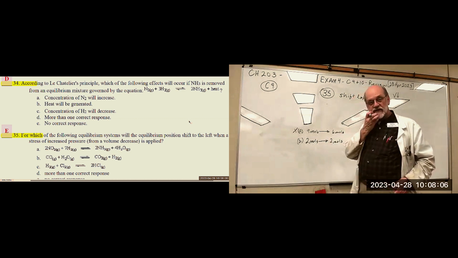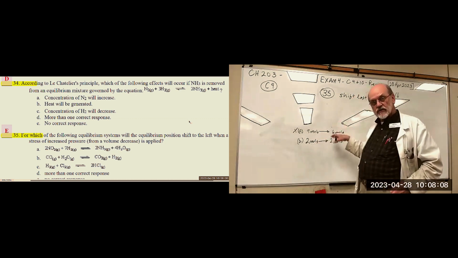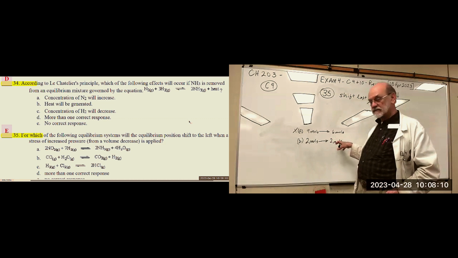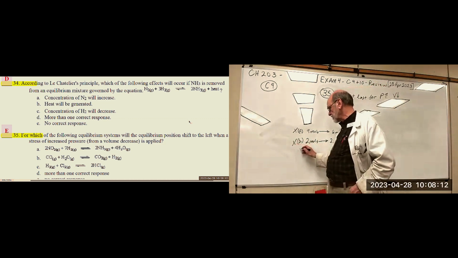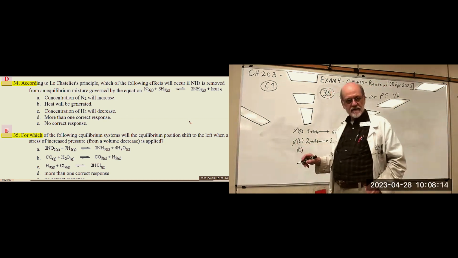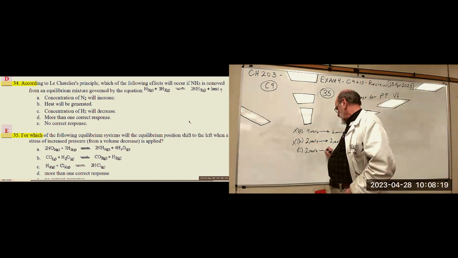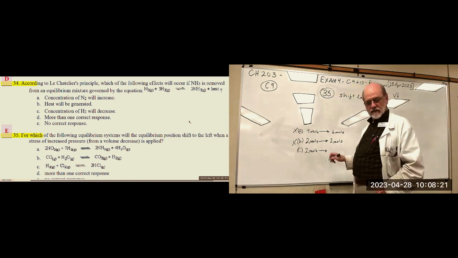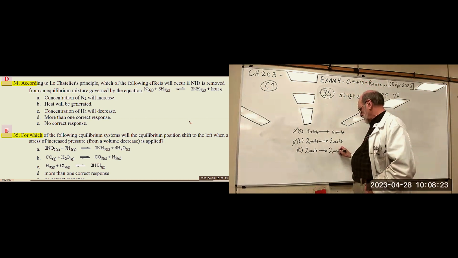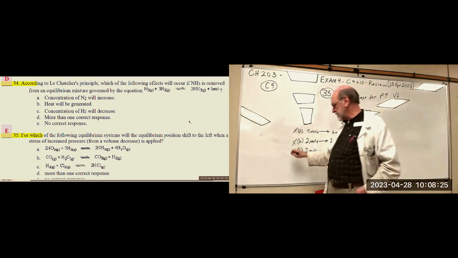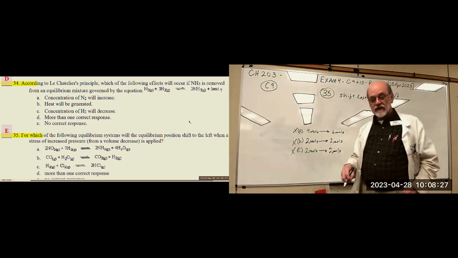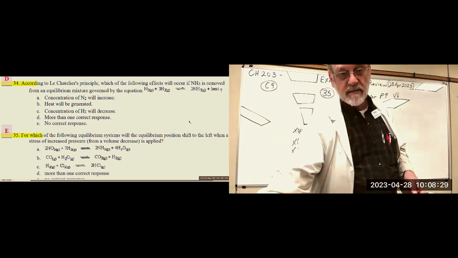There's no way for this system to respond to accommodate that change in pressure. How about C? 2 moles gives you how many moles? 2 moles. Same reasoning as B. All right, so there are no correct answers here.